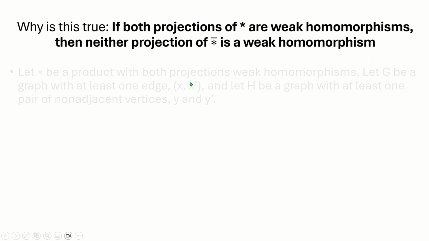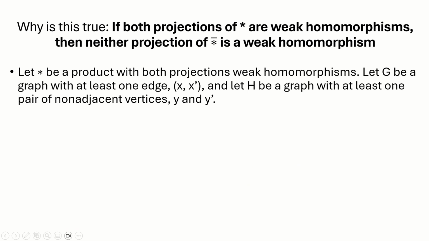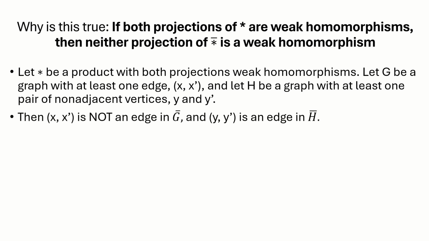To see why this is true, suppose we have a product star with both projections weak homomorphisms, and let G be a graph with at least one edge, x, x prime, and H a graph with at least one pair of non-adjacent vertices, y and y prime. Since the original product star has both projections weak homomorphisms, its left projection is a weak homomorphism.